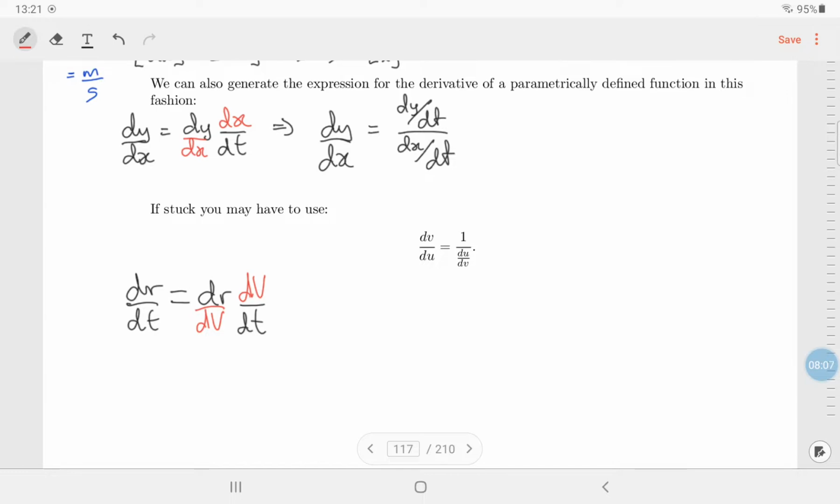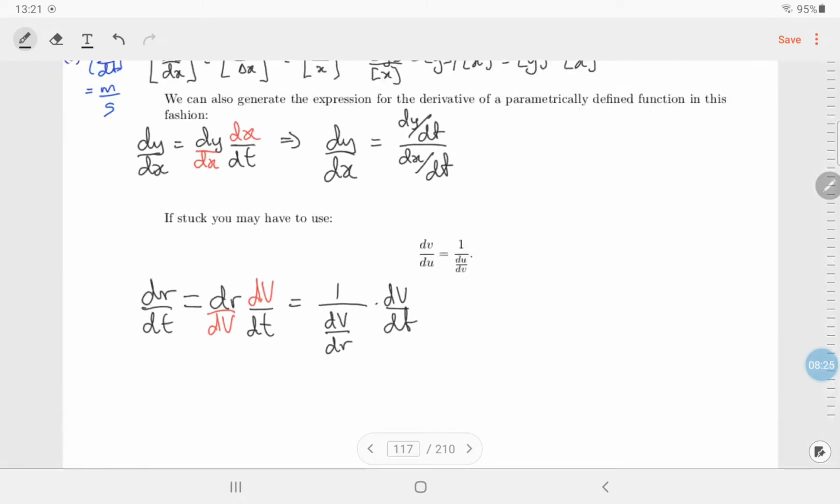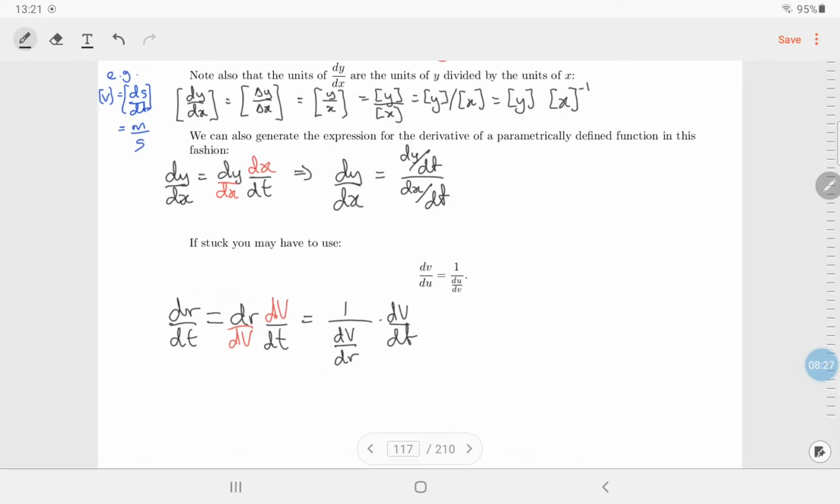It's the rate of change of volume with respect to time, but dr/dV is a little bit messy for us. So what you would do instead is write dr/dV as 1 over dV/dr, and that makes more sense, the rate of change of volume with respect to radius. So sometimes if you're stuck, you might have to do this. Okay, we may or may not see an example of this.